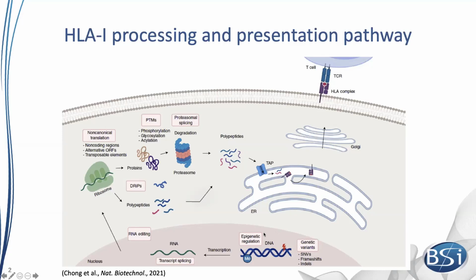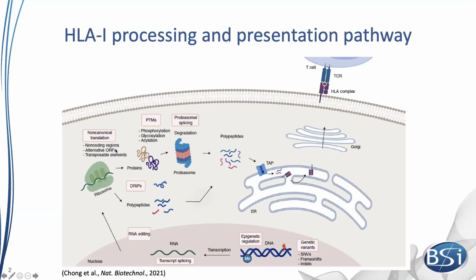But these sequence modifications can arise at the DNA level, so we can have genetic variants, but also at the RNA level, things like RNA editing and transcript splicing can lead to different peptide sequences. And at the translational level, we now know from ribosome profiling data, as well as some RNA-seq data, that the HLA peptides can be derived from non-coding regions, alternative open reading frames.